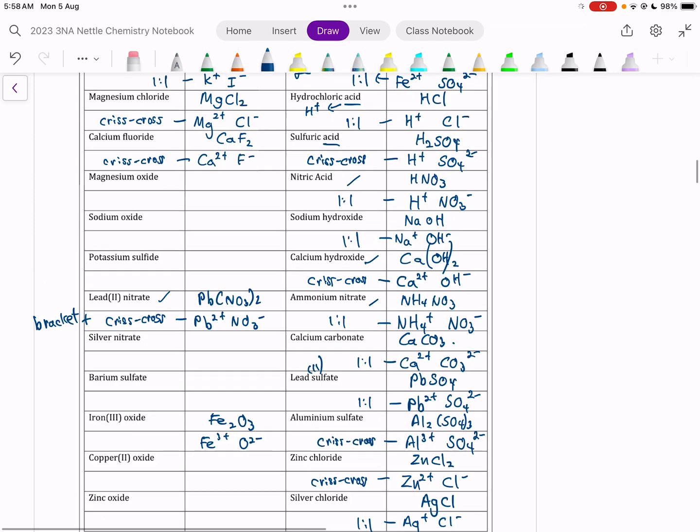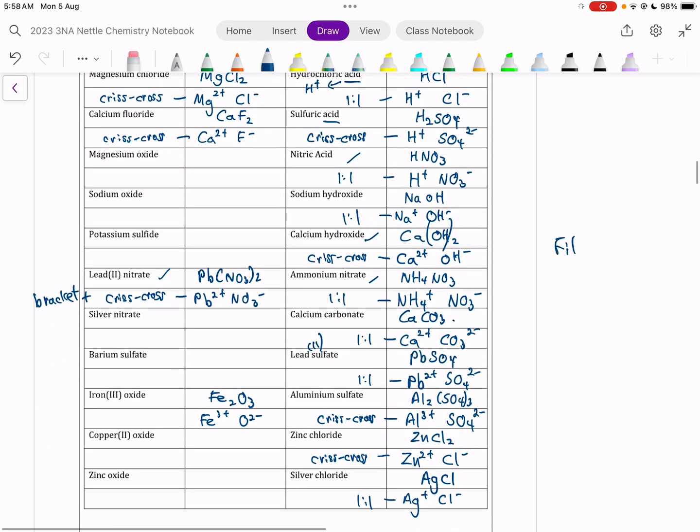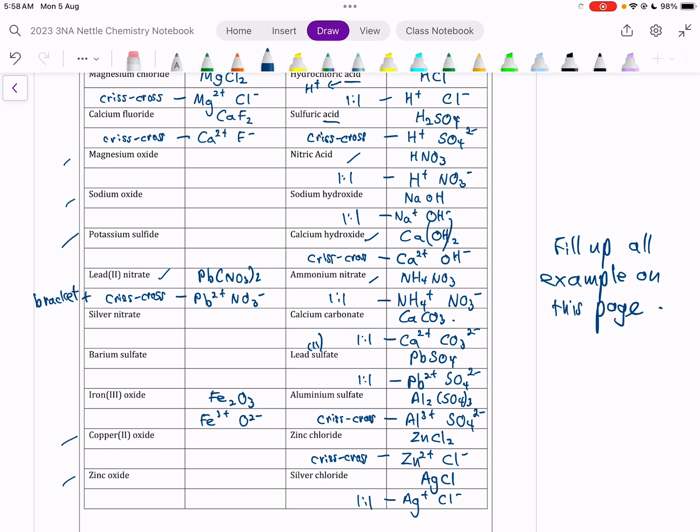Okay, can? I need you to try to fill up this page, fill out all the examples on this page. That means the remaining magnesium oxide, sodium oxide, potassium sulfate, zinc oxide, all of these can be filled up.